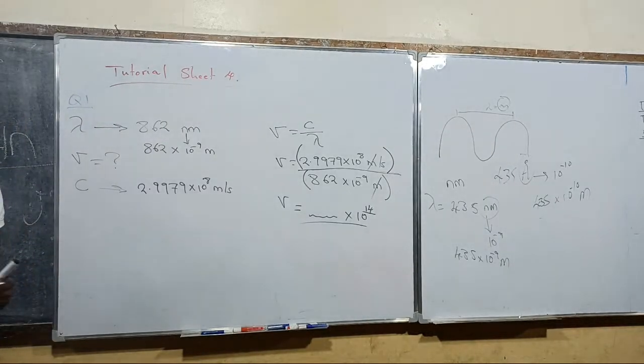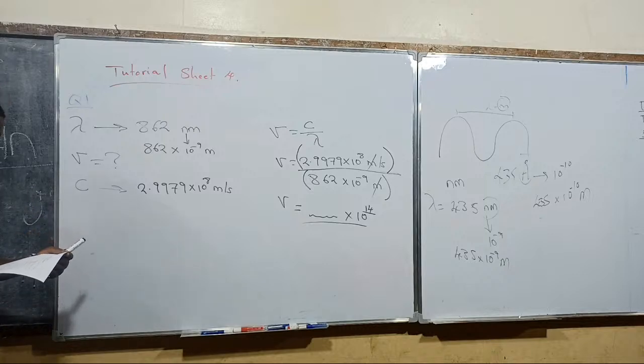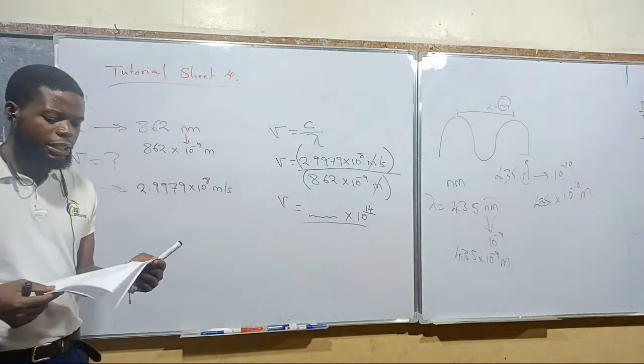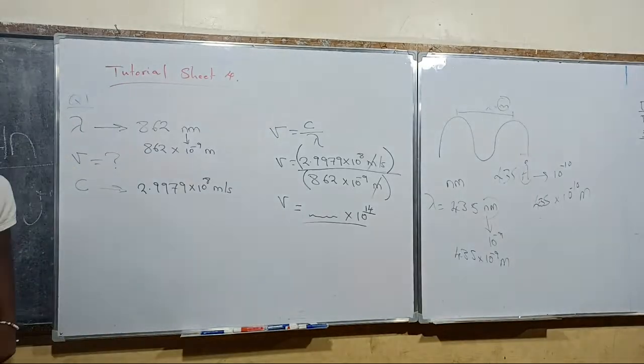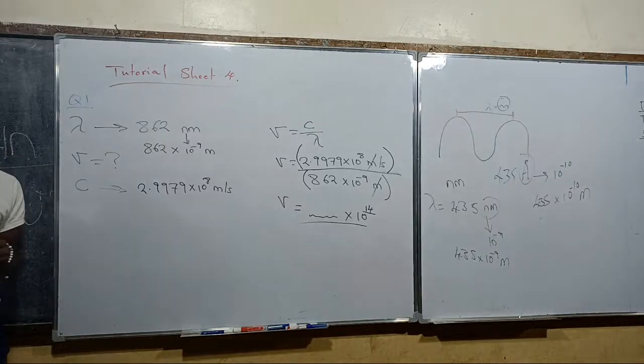Okay, so now we can check out question number 2. Question number 2 is saying a photon of UV light, ultraviolet light, possesses enough energy to mutate a strand of human DNA.